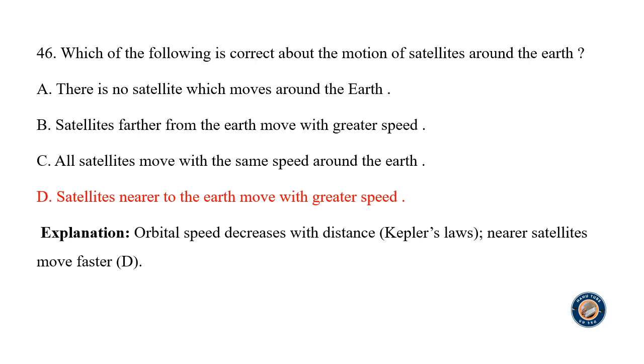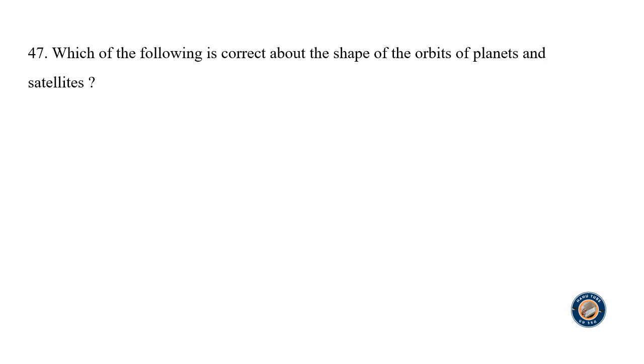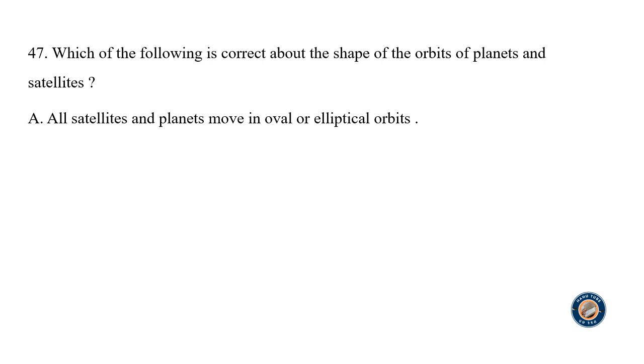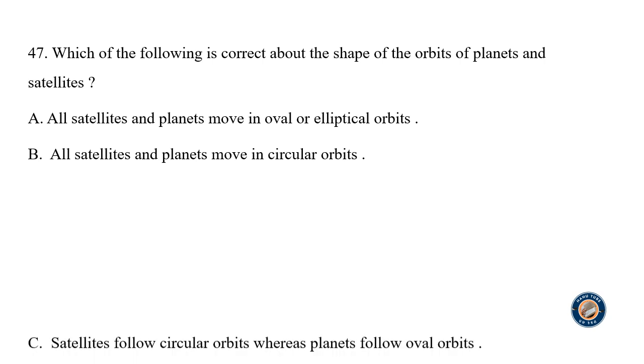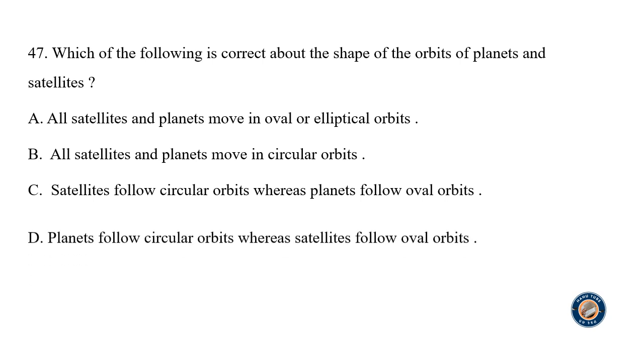Question number 47. Which of the following is correct about the shape of the orbits of planets and satellites? A. All satellites and planets move in an oval or elliptical orbits. B. All satellites and planets move in a circular orbit. C. Satellites follow circular orbits whereas planets follow oval orbits.